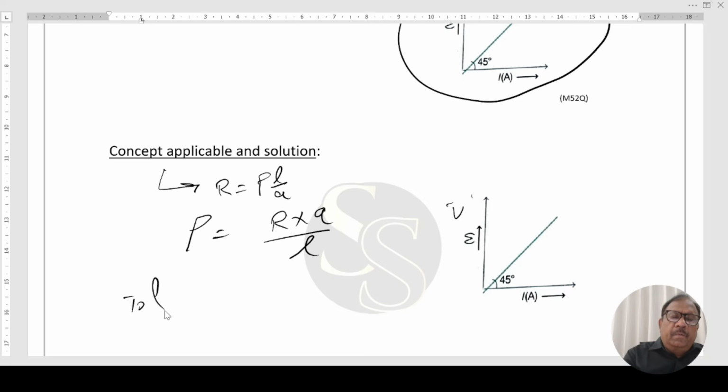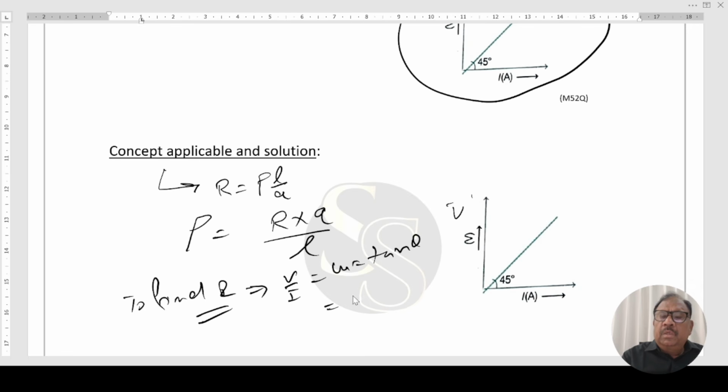Now, to find R equal to V upon I, that is M, that is tan theta, that is tan 45, that is 1. This is slope, measured anti-clockwise with respect to positive direction of axis.